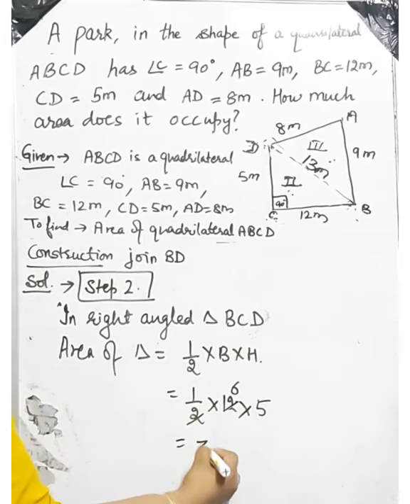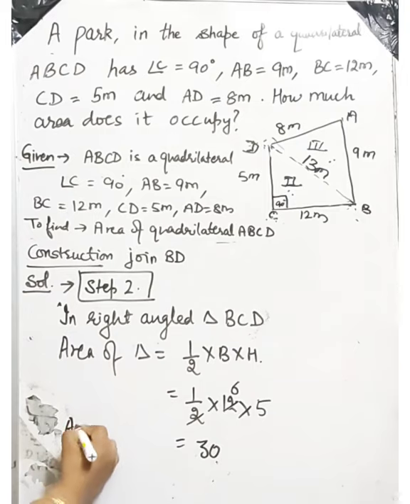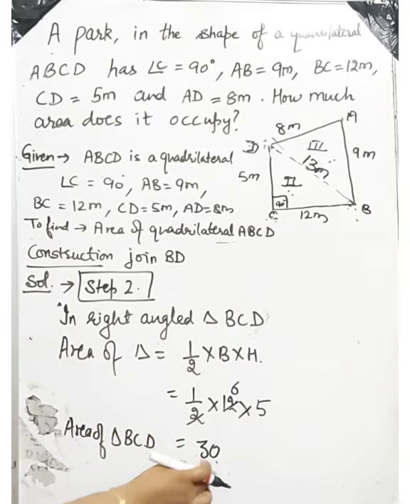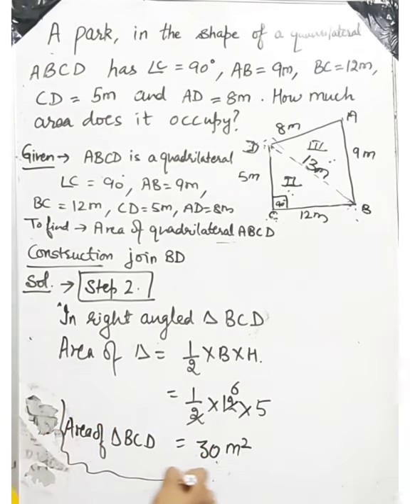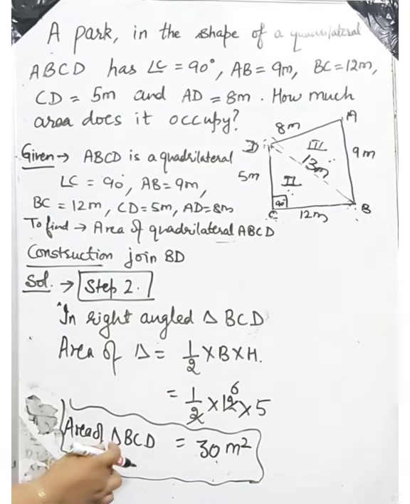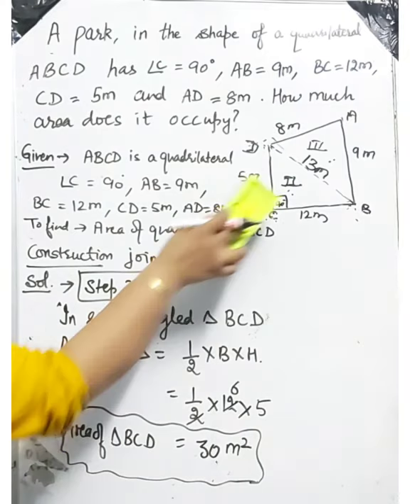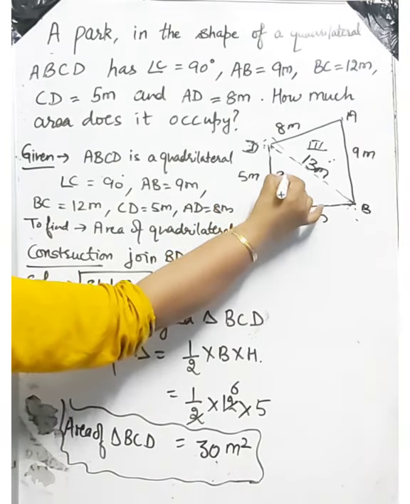Now calculate it. Area of triangle BCD equal to 30 meters square. This is our second step. Now we have calculated area of triangle BCD, which is equal to 30 meters square.